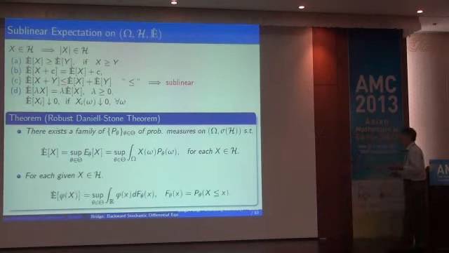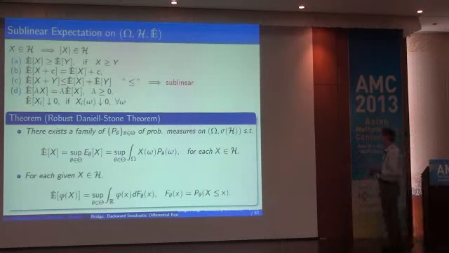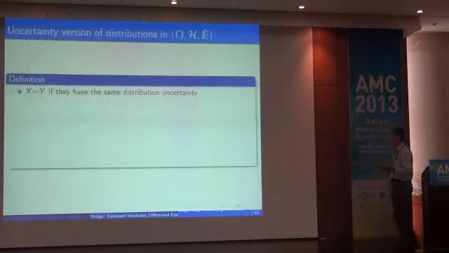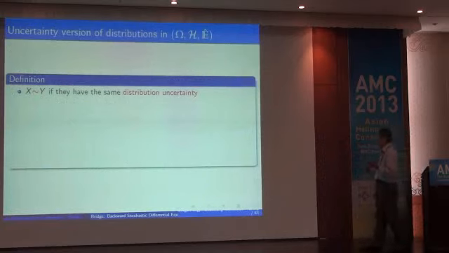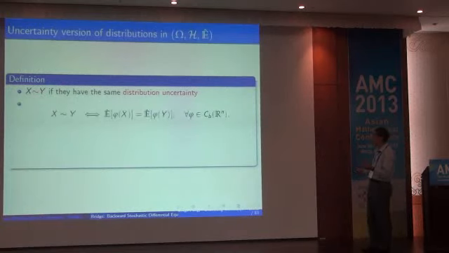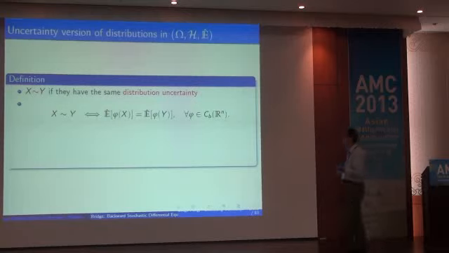From here we can also get the uncertainty of the distribution. The uncertainty distribution is given here, so with this we can really have something. Then we can define distribution uncertainty: X is identically distributed with Y means that for each phi we have this.